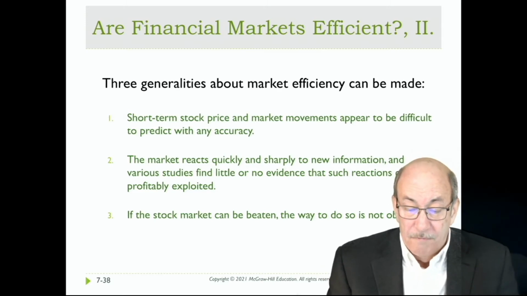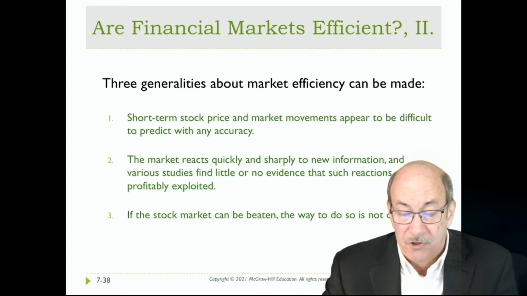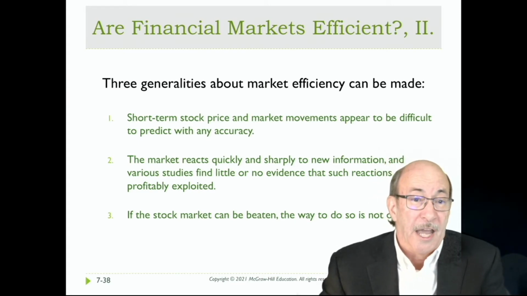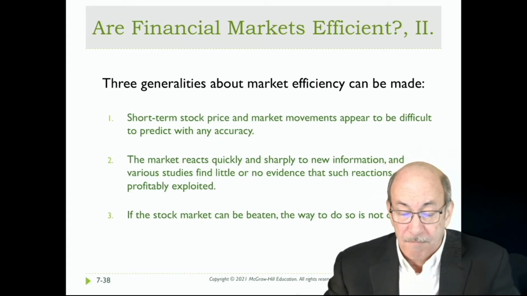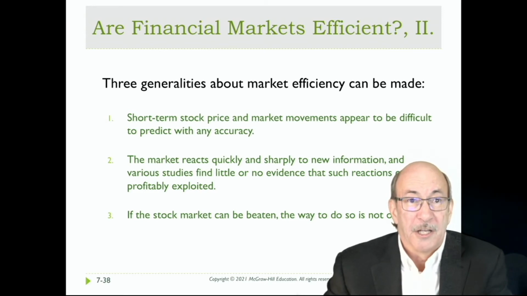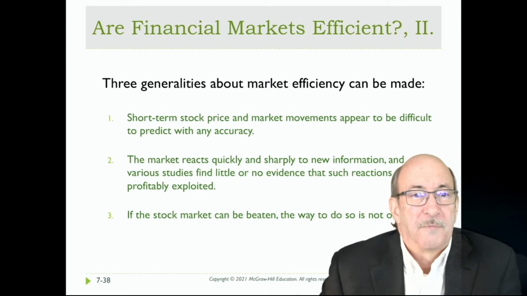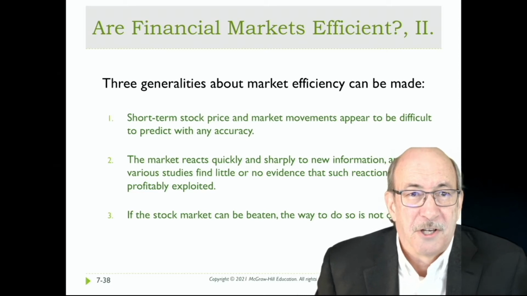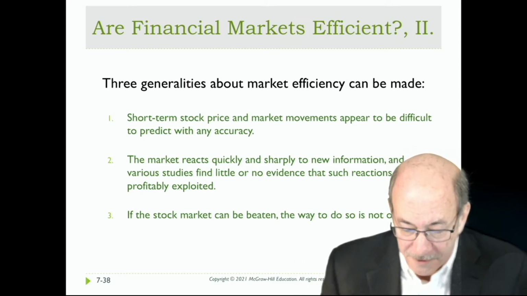All right, so the generalities: short-term stock prices and market movements appear to be difficult to predict with any accuracy. The market reacts quickly and sharply to new information. Various studies find little or no evidence that such reactions can be profitably exploited. Otherwise, you probably wouldn't see that many finance academics, right? We'd all be sitting in the Caribbean sipping margaritas.